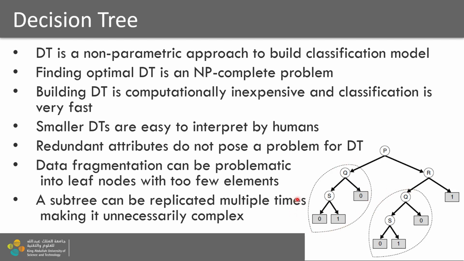And we might, during the buildup, actually create the same type of structure several times. And this might mean that we are creating the decision tree unnecessarily doing the same calculations, and also that we are making the decision tree unnecessarily complex. So if possible, it would be good to avoid replication of subtrees in the decision trees.